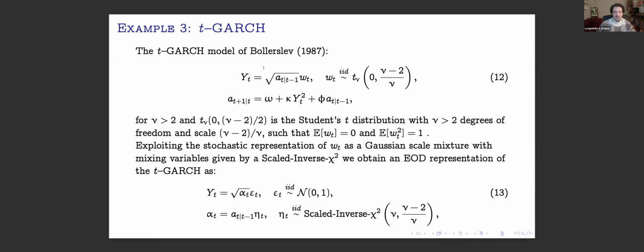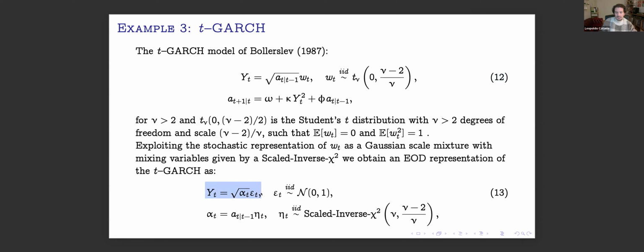So if we exploit the stochastic representation of a Student t random variable as a scale mixture of a Gaussian, where the scaling variable is a scale inverse chi-square, what we can do is simply rewrite equation 12, this observation-driven model, in this way.